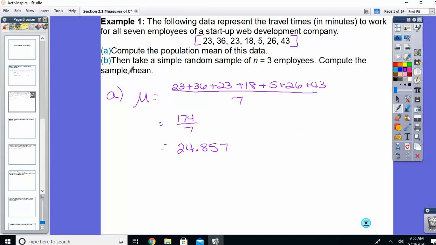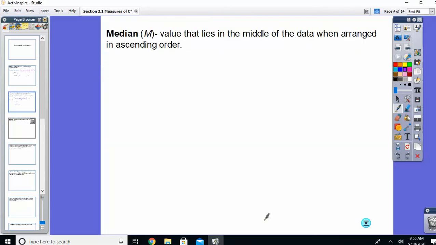The next thing we can find, we've got the mean, next one is the median. A median, we use a capital M to represent that, and that's just the middle of the data if it's arranged in ascending order. So if you go small to large, it's just the number in the middle.